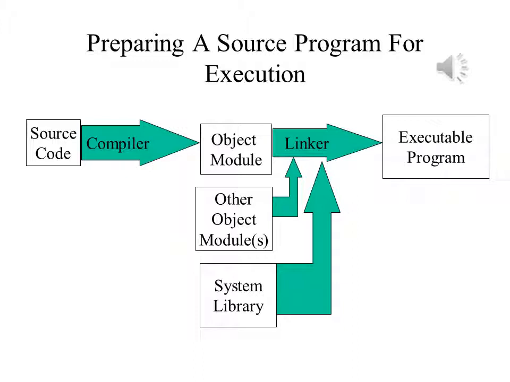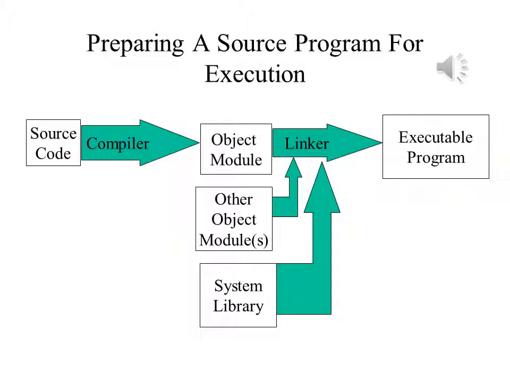Compilers usually create files called object modules, program fragments that are not ready to execute. Not all the operands have firm addresses, because they may include data or procedures defined in other program modules, or they may include library procedures that have not yet been inserted into the program file.